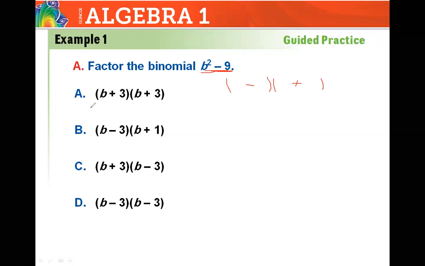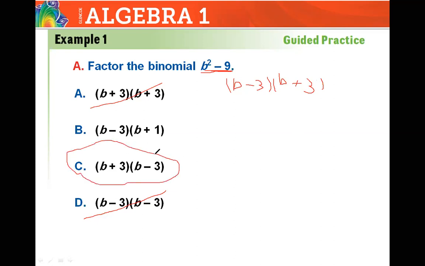So we ignore letter A and letter D from the beginning because they have the same sign. And then b power 2, we write here b and here b, and then we write here 3 and here 3. So it's letter C.